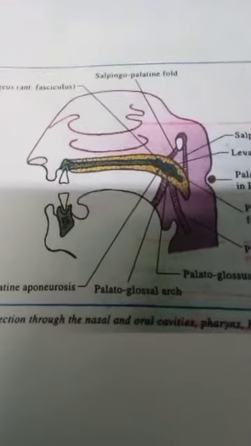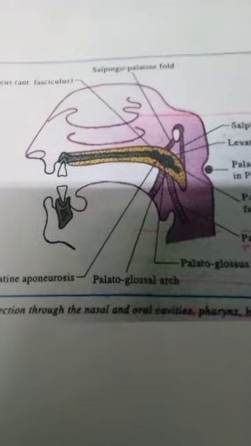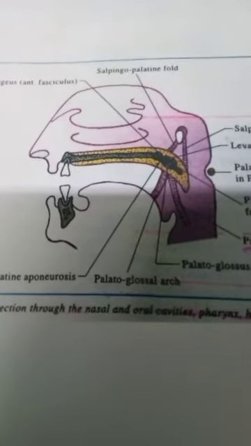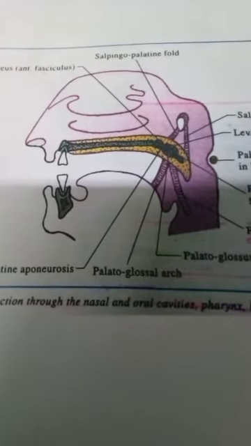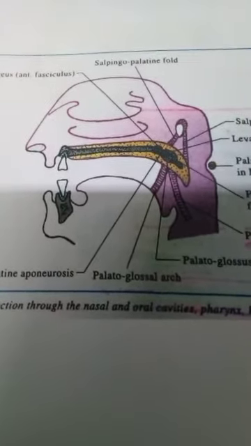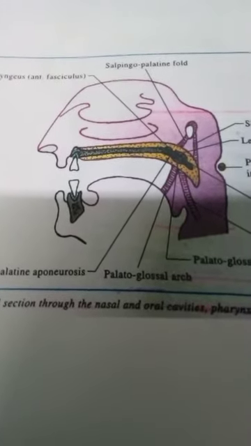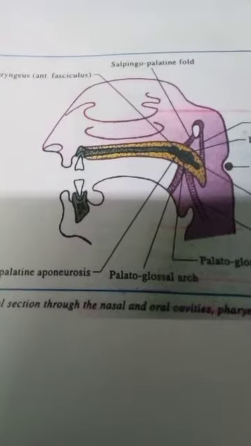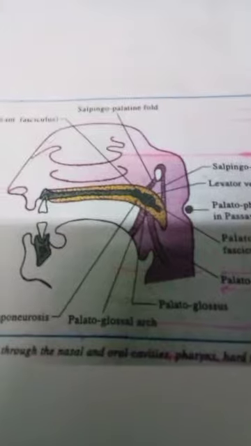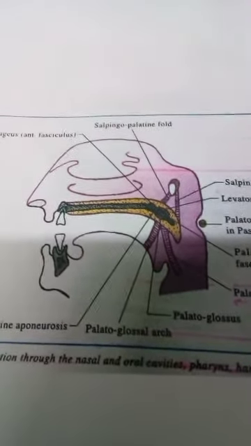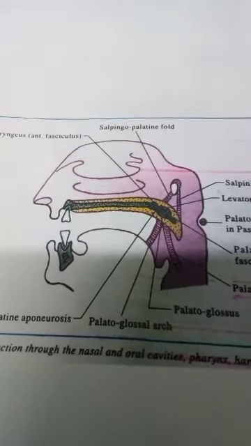Now, regarding the applied anatomy of soft palate. Cleft palate is a congenital anomaly which results from failure of fusion of component parts which may vary in degrees of severity. First degree cleft palate is bifid uvula, where uvula is bifid.